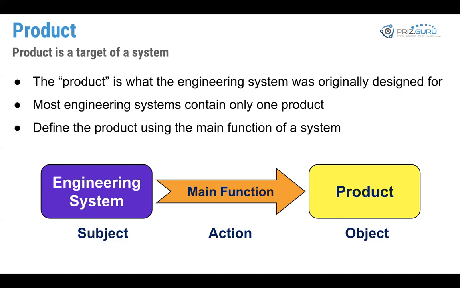The same system might have a different product, depending on what it is you're trying to analyze, how you're trying to analyze it, and which direction you're looking at that system. Again, back to the example of the car, if we're trying to affect how much the car is polluting, the product is probably the pollutant, potentially, right?